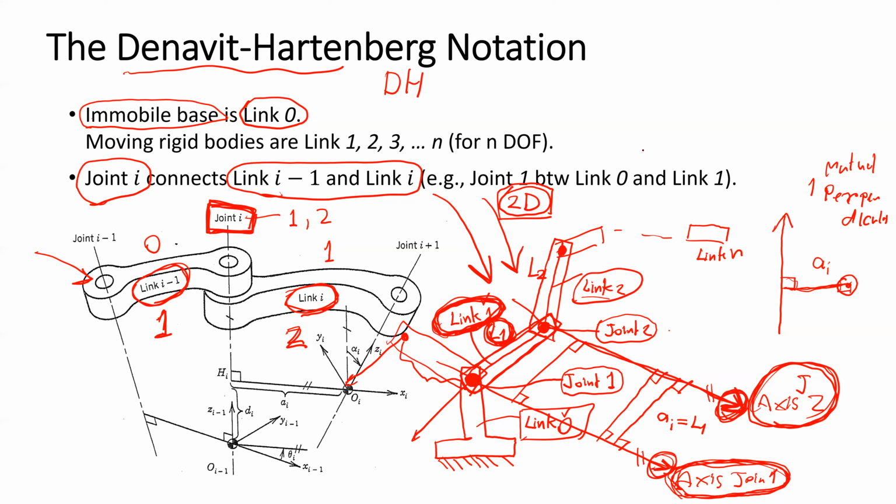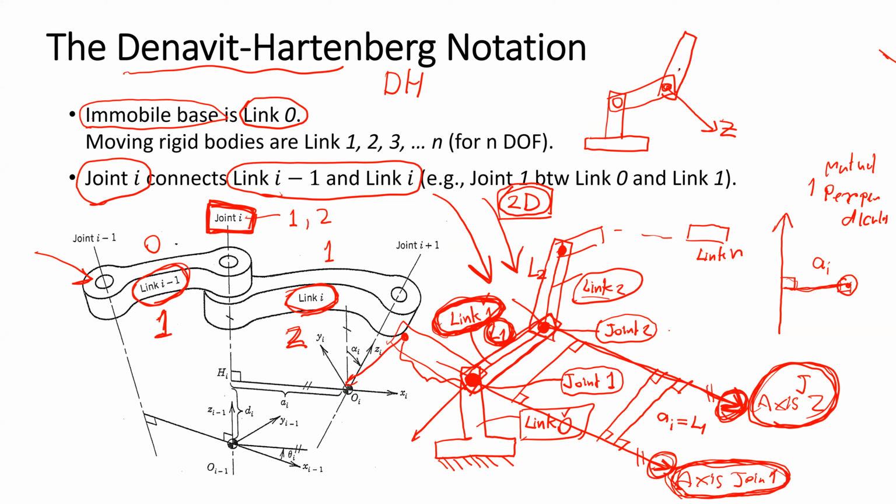Of course, if two links on a plane don't have a distance in the vertical direction, the link offset will be 0.